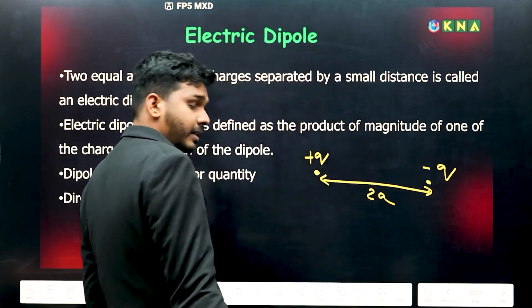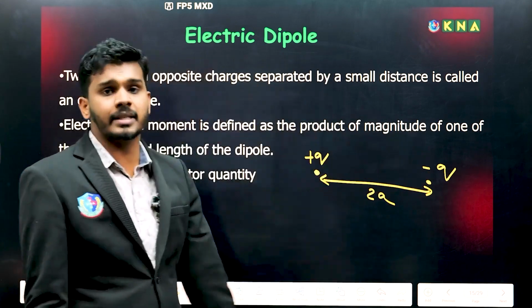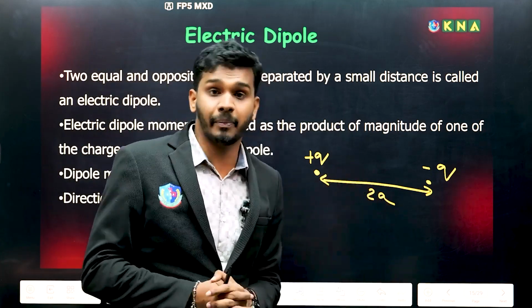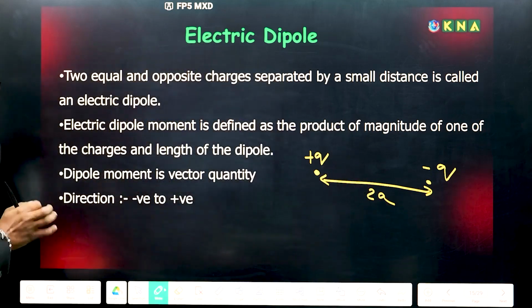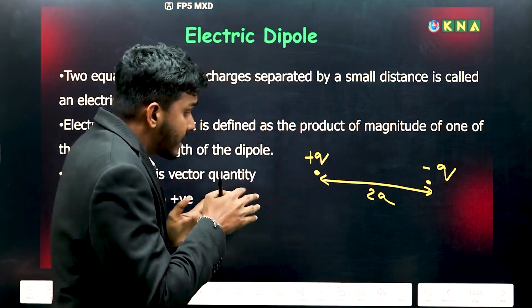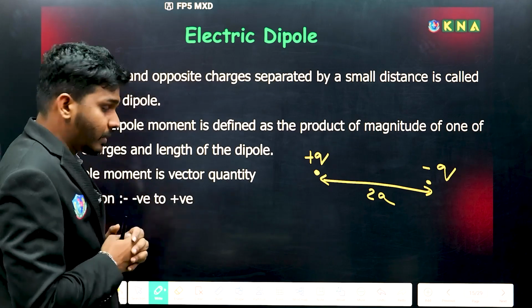I consider that distance to be 2a. Two equal and opposite charges separated by a distance is called an electric dipole.